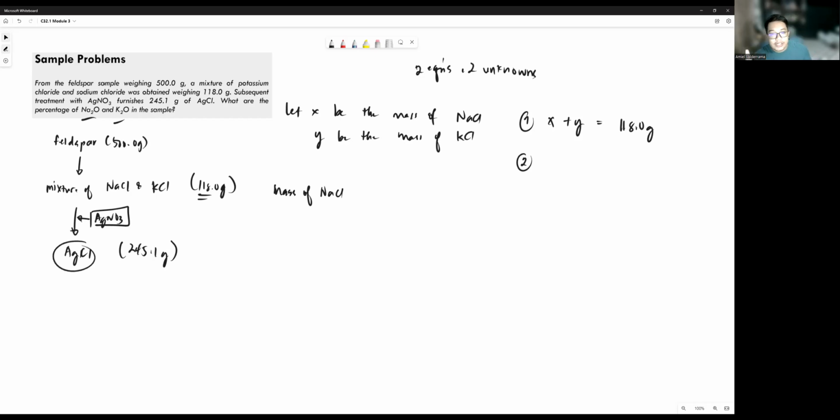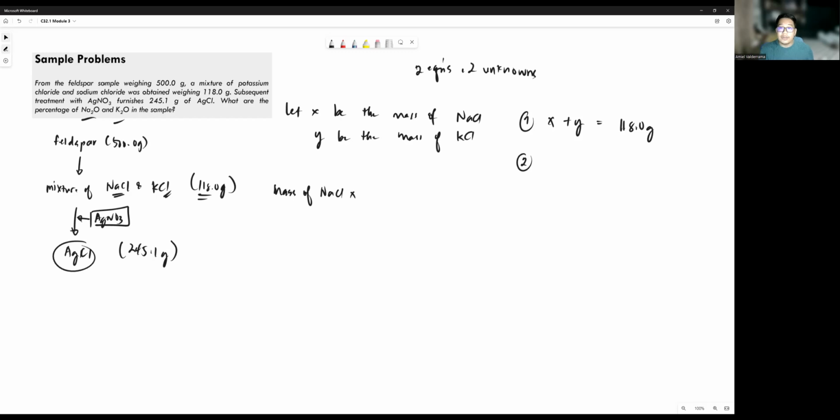But the gist here is there is AgCl that came from your NaCl, and there is AgCl that came from your KCl. Now you have to determine the amount of AgCl that came from NaCl and KCl separately. So the mass of NaCl, you have to multiply it by your GF.